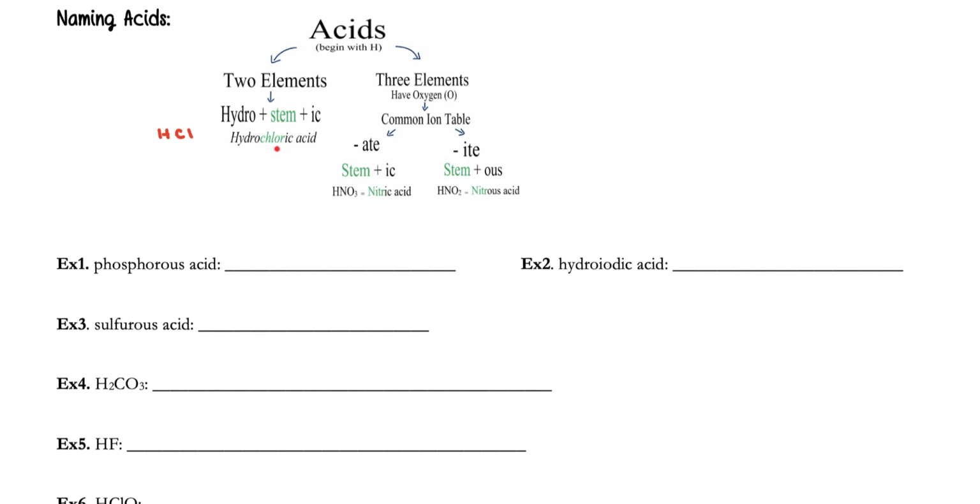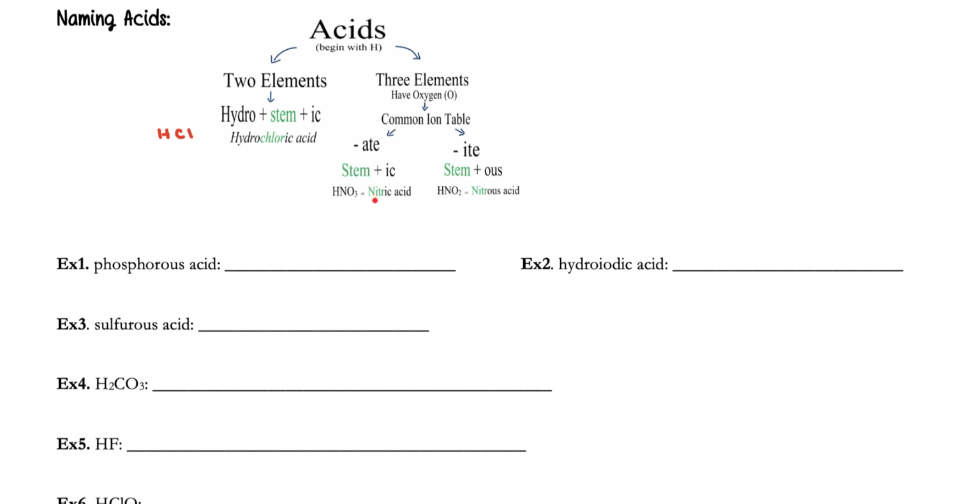All right. Now, if instead of 2 elements you have 3, you have hydrogen and then a polyatomic ion, the rule is the following. If the polyatomic ion has an ate ending, so sulfate, nitrate, carbonate, what you do is you simply write the stem of the polyatomic ion.